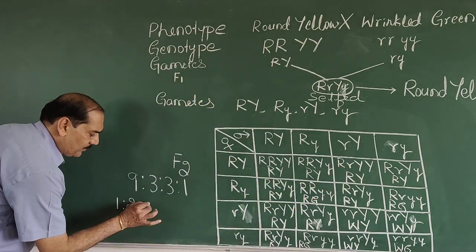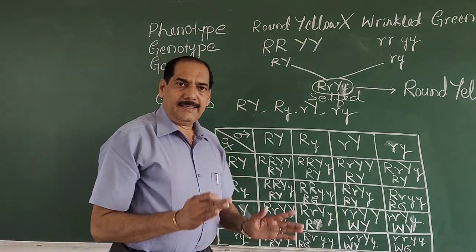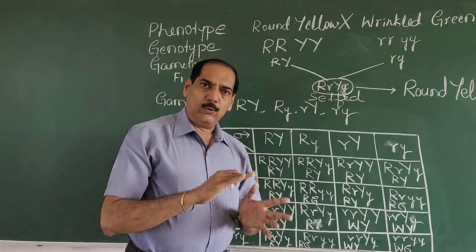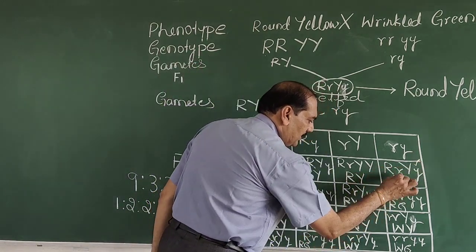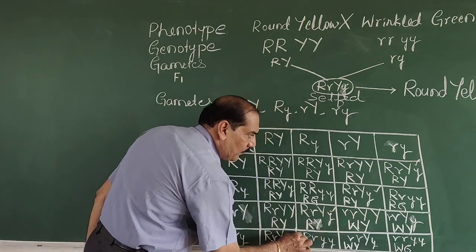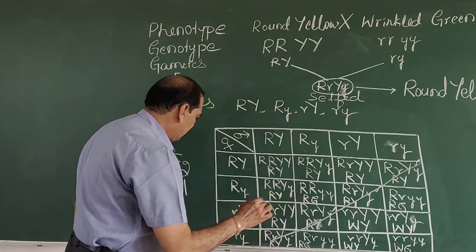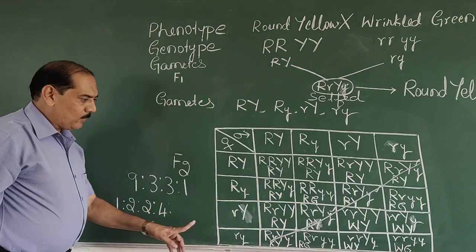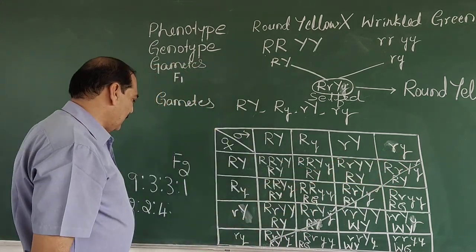How many? 2. How many have in shape 1 dominant, 1 recessive, in color 1 dominant, 1 recessive? 1, 2, 3, 4. See, 4.